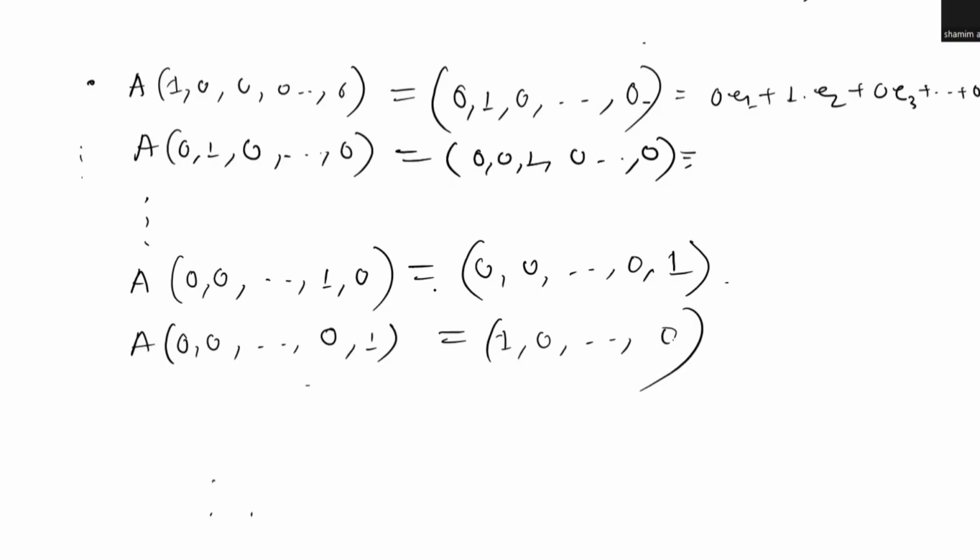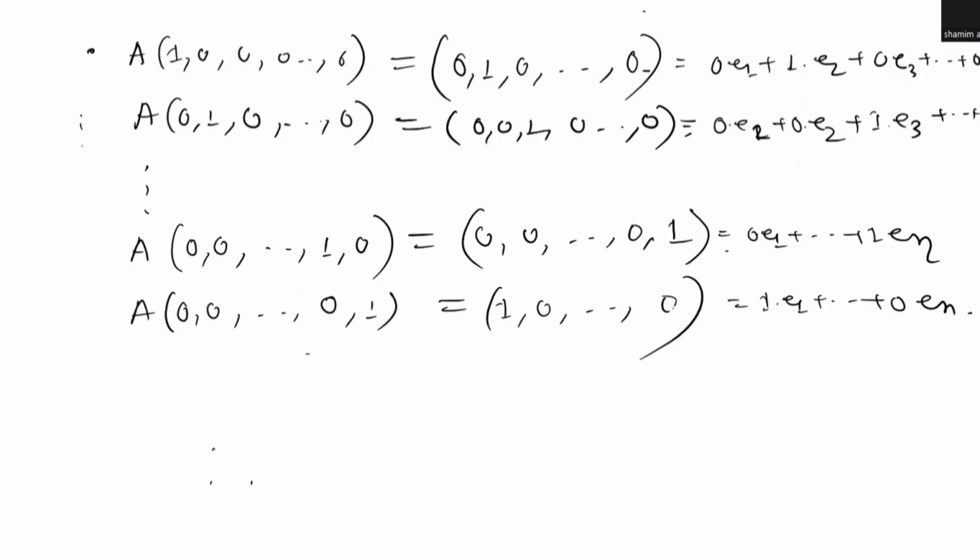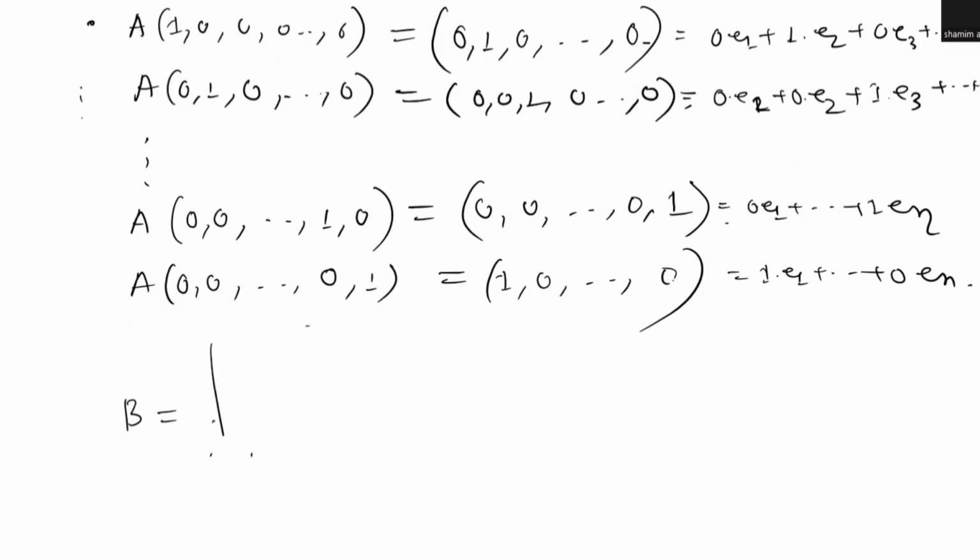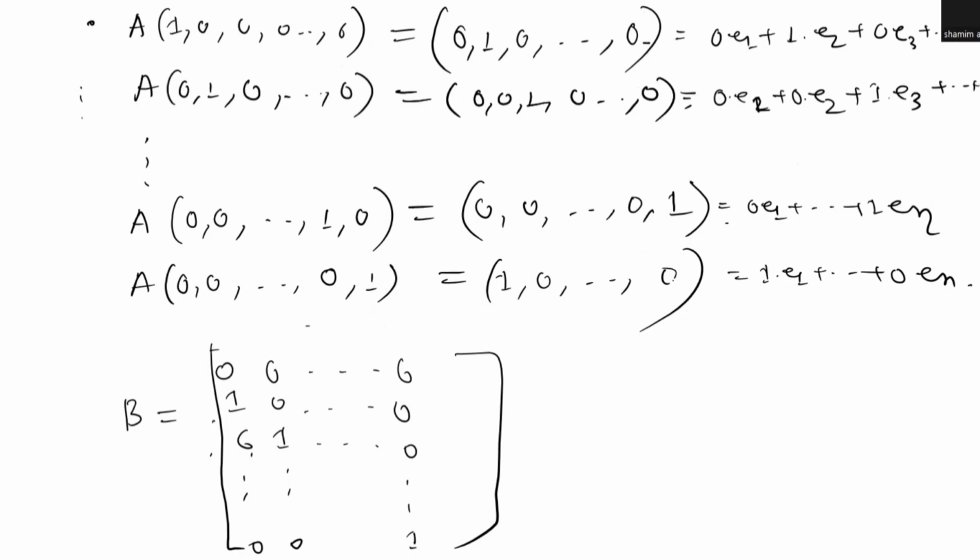Similarly, we can write this as 0·e2 + 1·e3 + ... + 0·en, and similarly this is also written as 0·e1 + ... + 1·en, and this as 1·e1 + ... + 0·en. Now the matrix representation of A, call it B, has a lower diagonal whose elements are all 1, and otherwise 0, and the last column is 1, 0, ..., 0.